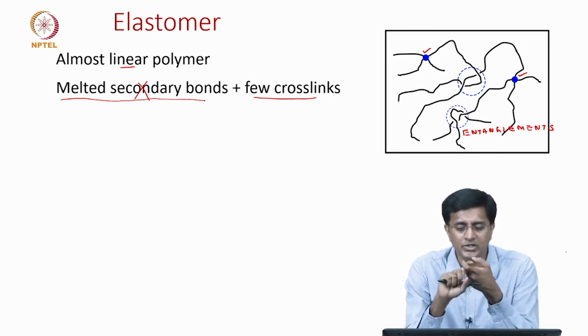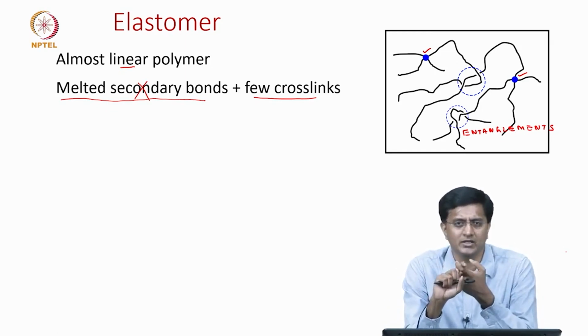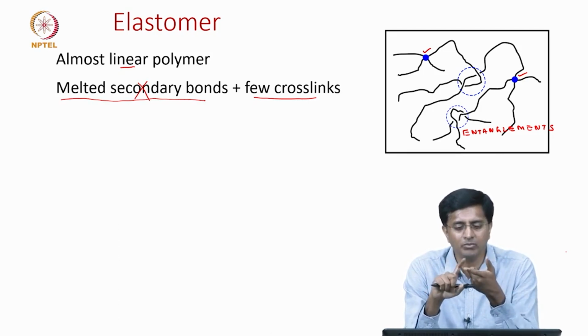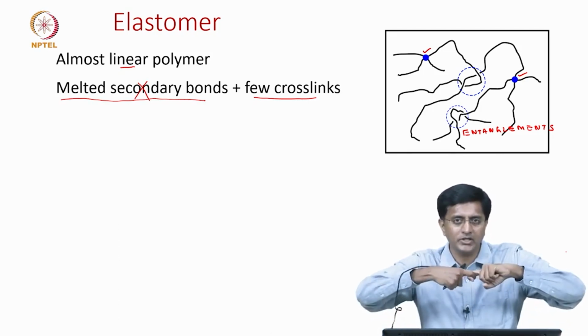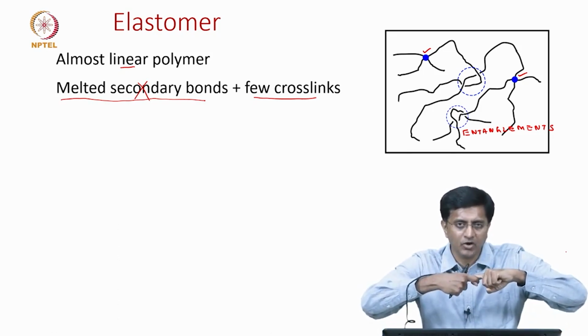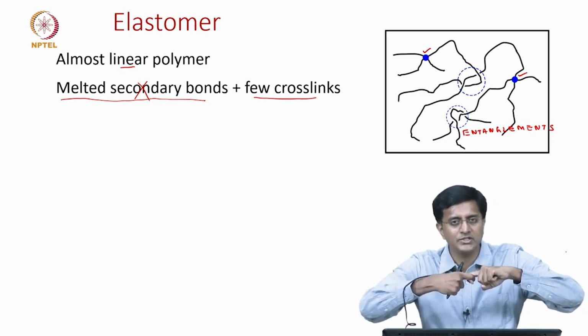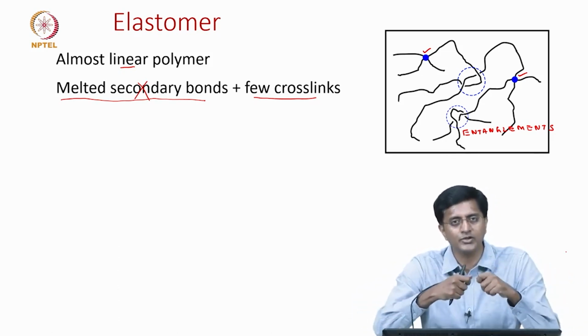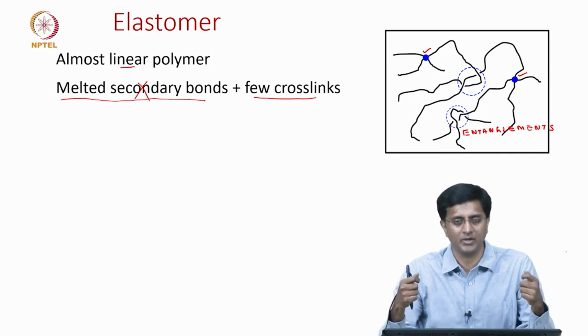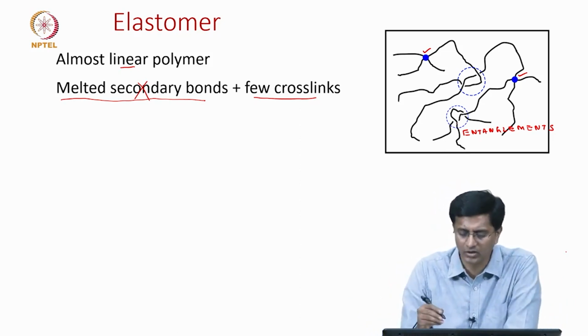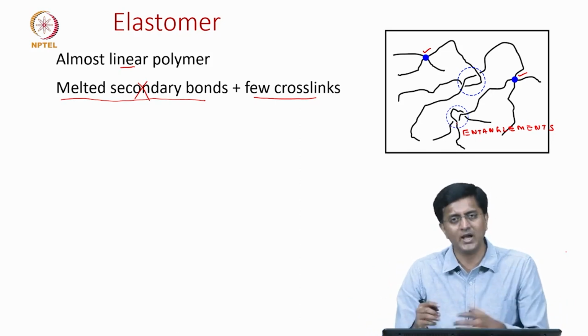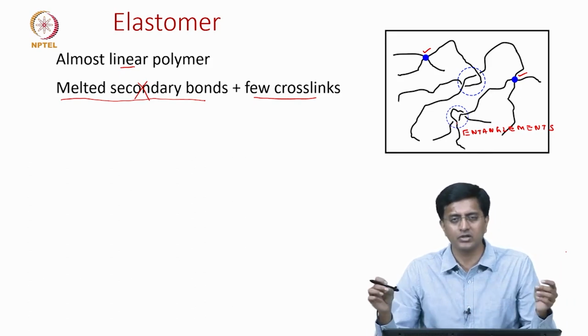So, when they come close to each other, they interlock mechanically. There is no bonding or anything, but then when you try to pull apart these threads, because of this interlocking, there is some bond which is trying to not let you pull apart these two threads. So, these are called entanglements. This happens when you have very long chains.